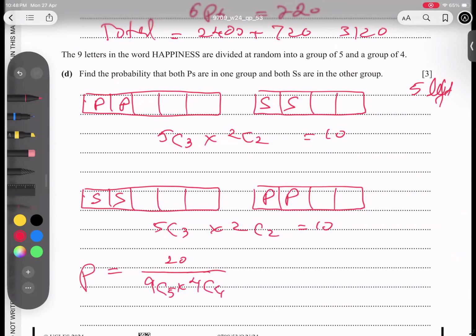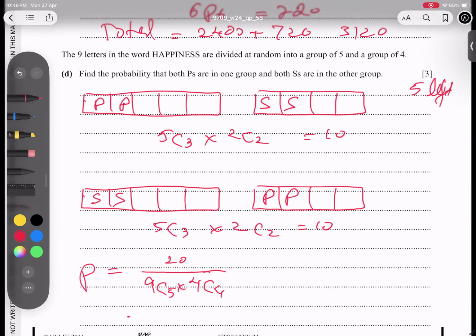So this is the way, and if I check in the calculator, 20 divided by 9C5, the probability is coming 0.159.